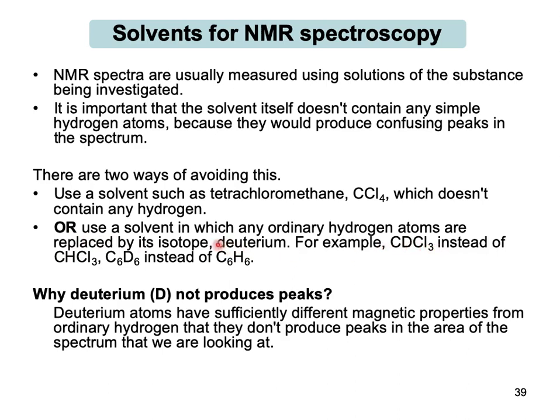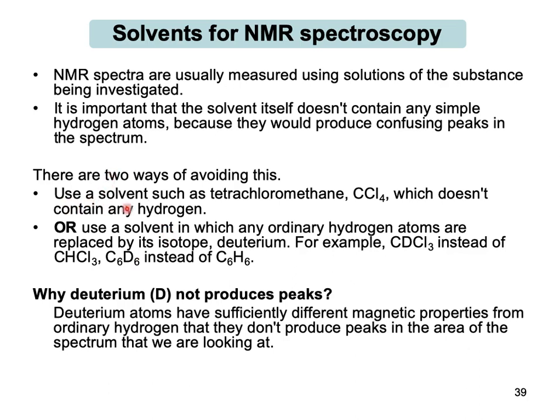For example, in the case of benzene, if we use benzene as the solvent, all the hydrogens of the benzene are replaced by deuterium, giving C6D6. This is called a deuterated solvent. So we generally use deuterated solvents in NMR analysis.